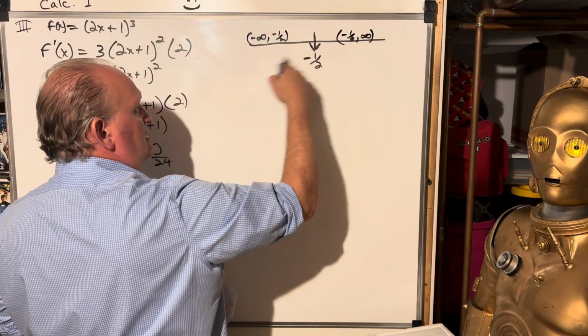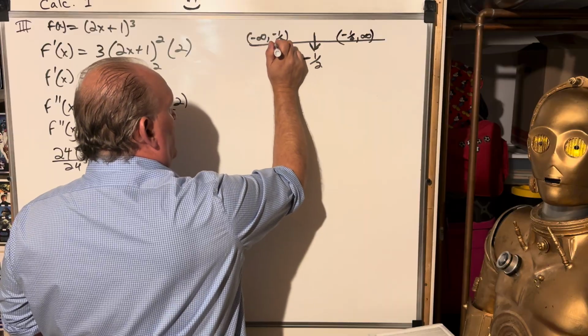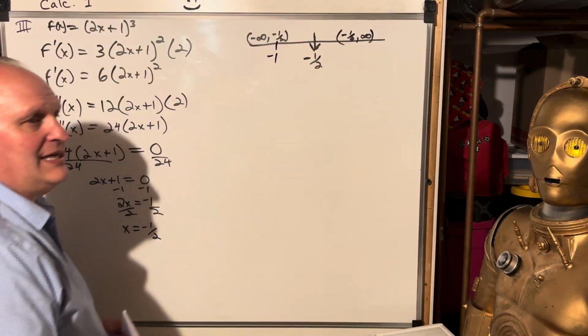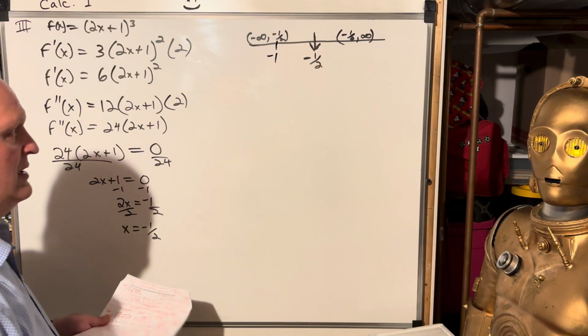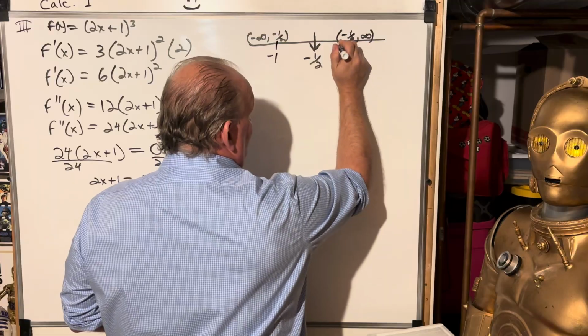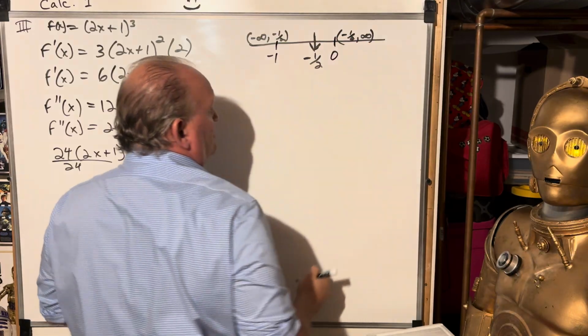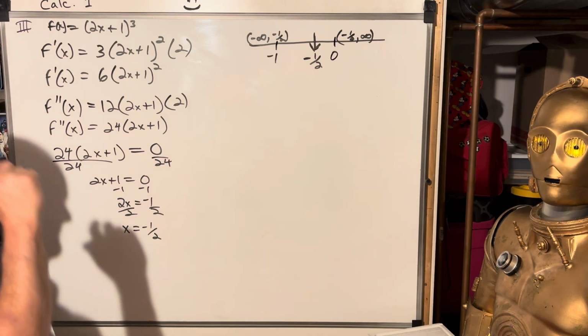So to the left of negative 1/2, I'm going to just say negative 1. You could say negative 2. You could say negative 5. You could say negative 10. You could do any of them, any number, just so it's to the left of negative 1/2 on the number line. To the right of it, I'm definitely using 0. 0 is an easy one. So anytime you can use a 0, toss that in there.